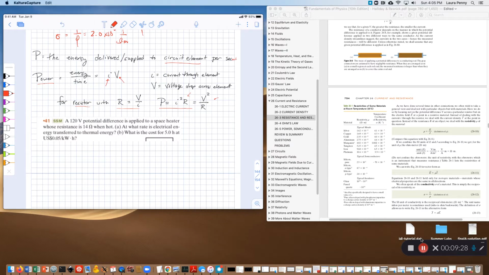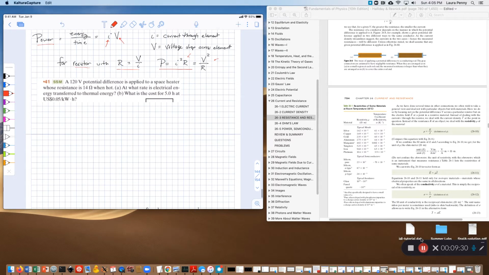So number 41, we do this type of calculation. It says that we have a potential difference, which is our V. The potential difference across our space heater is 120 volts, and its resistance is 14 ohms. And so we want to know, part A, what's the rate that energy is transferred to it in thermal.